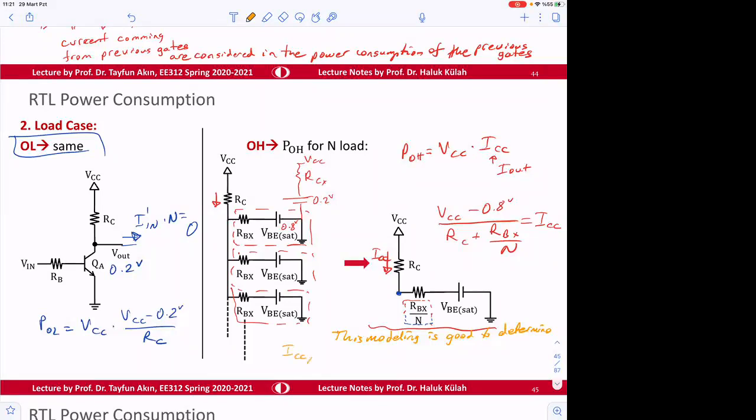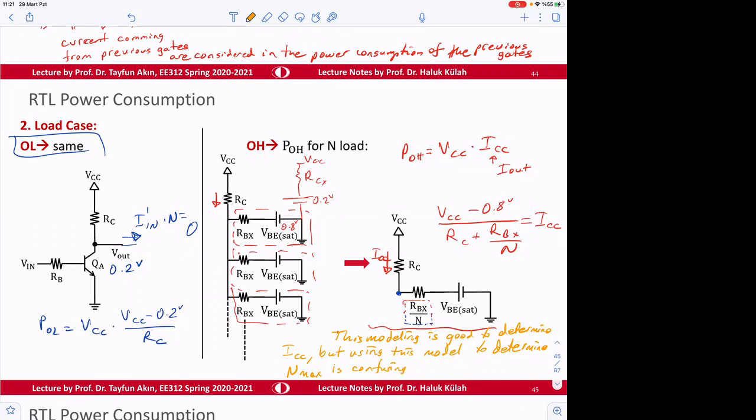But using this model to determine Nmax is confusing.